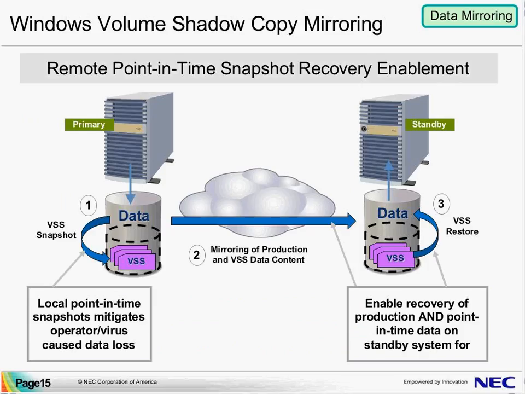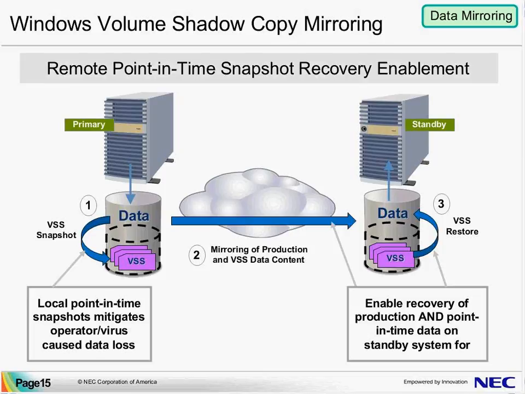And the fourth area is that ExpressCluster also now supports working with the snapshot capability provided by volume shadow copy on the Windows operating system, together with the data mirroring capability enabled by ExpressCluster.